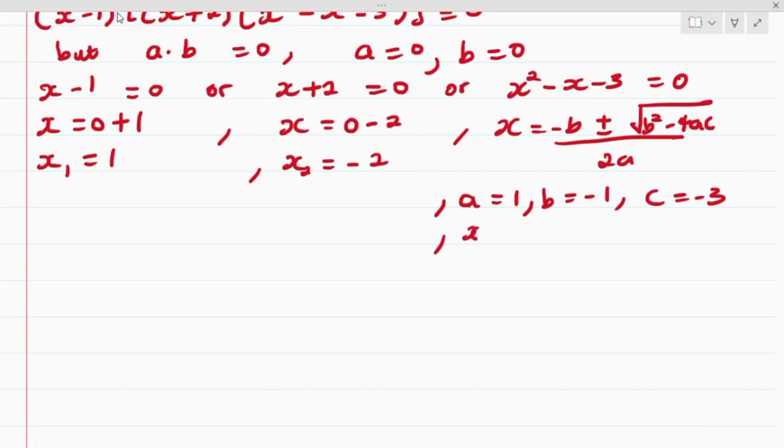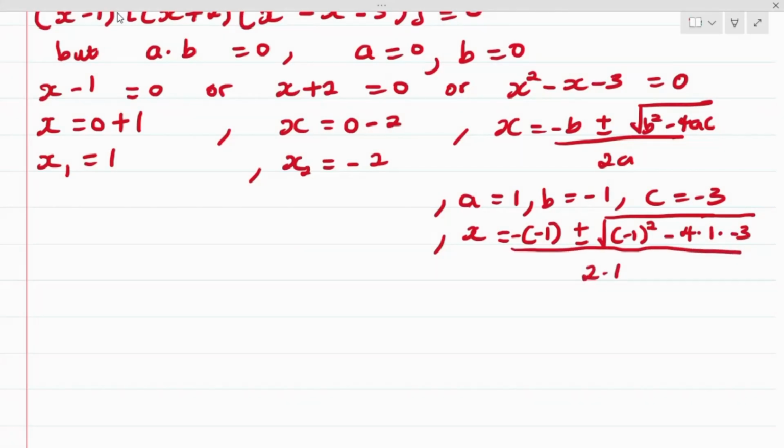So we have that x is equals to minus into minus 1 plus minus the square root of minus 1 all square minus 4 multiply a, which is 1, multiply c, which is negative 3, divide 2 multiply a, which is 1. So we have that x is equals to minus times minus is plus, so we have 1 plus minus the square root of minus 1 square is 1, minus 4 multiply 1 multiply negative 3 will give us plus 12, divide 2 multiply 1 is what?